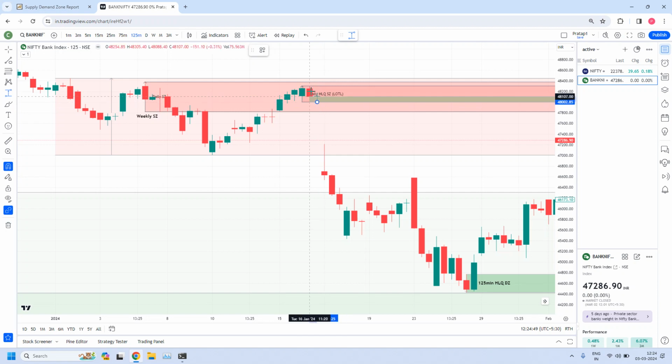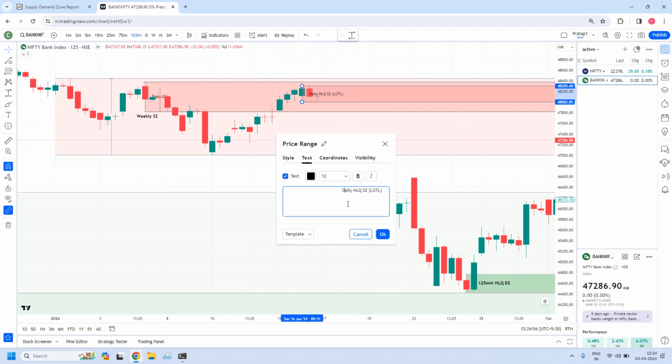So what I do, instead of drawing again, I am adding the text: 125 min, comma, daily high liquidity supply zone. That means this is acting as both 125 minutes and daily.